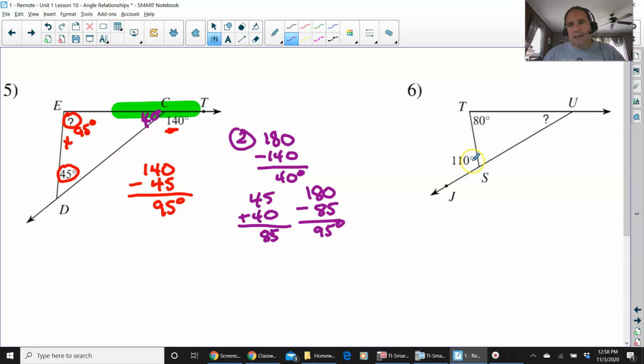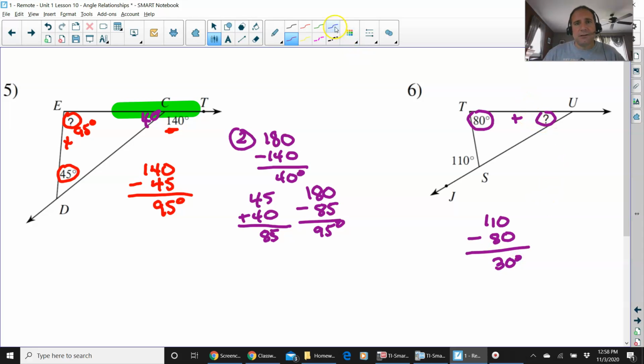Let's go ahead. This one is a little bit more difficult, but believe it or not, this 80 is a non-adjacent angle to this exterior angle. So this plus this equals 110. So very easy, you just do 110 minus 80 and you would get your measure of 30 degrees.